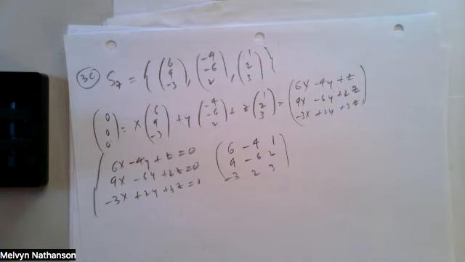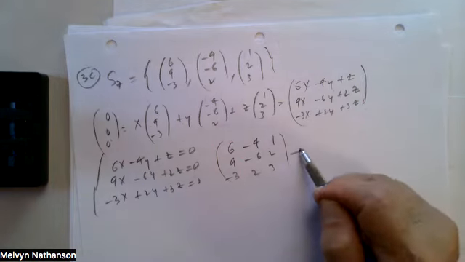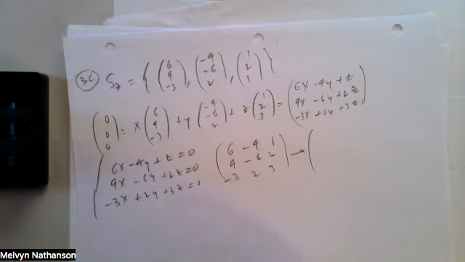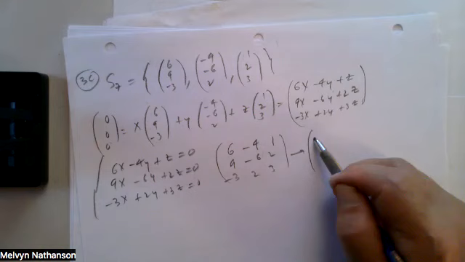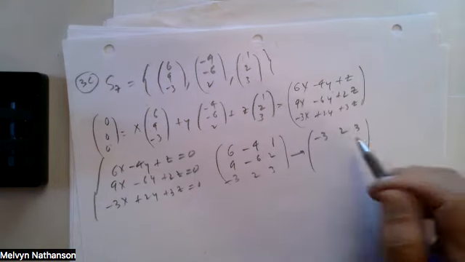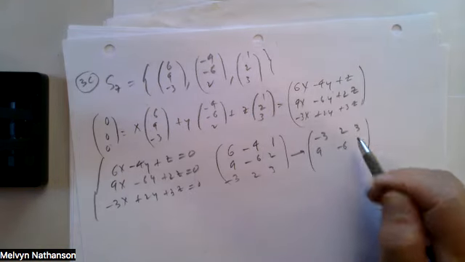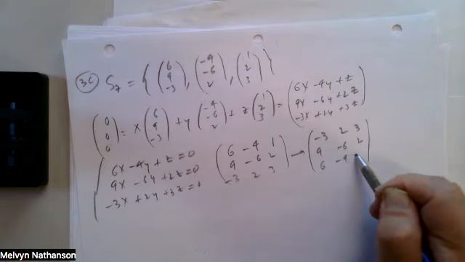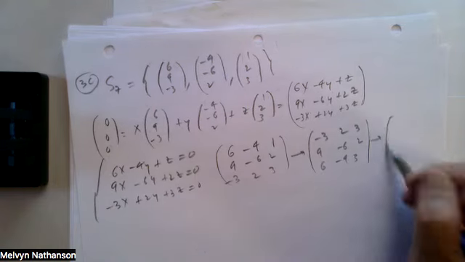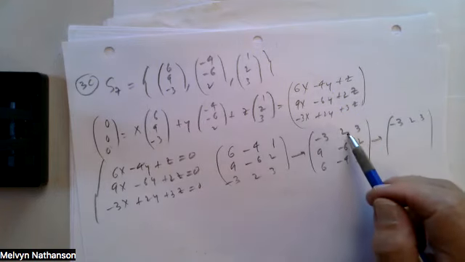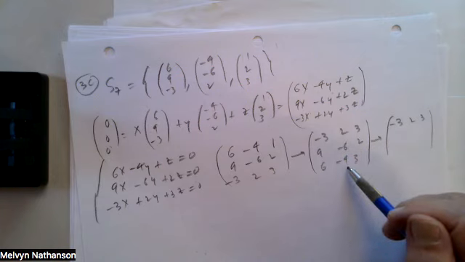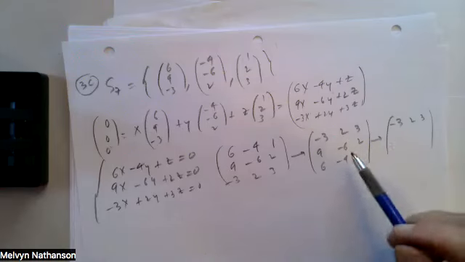So let's see. I'll do it, and you can do it any way you like. Let me interchange the first and the third rows. And if I take the first row and add twice the first row to the third row, I get a lot of cancellation.